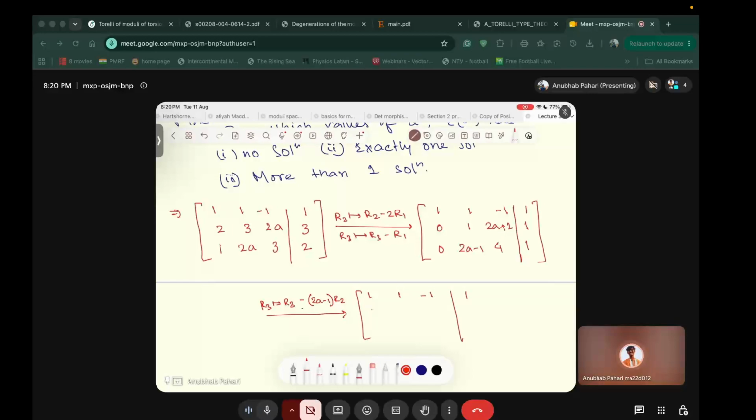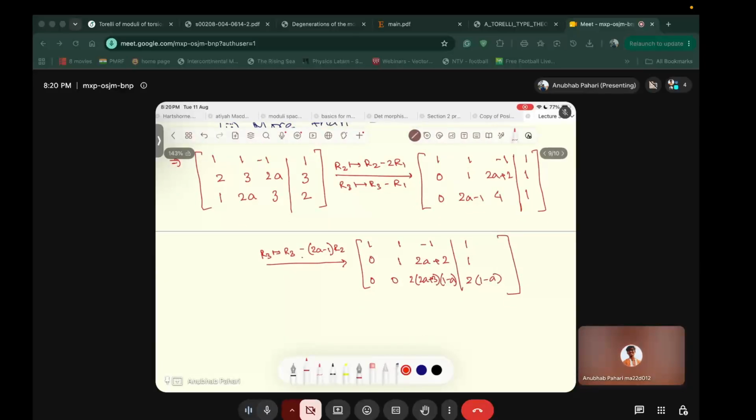The second row becomes, after a quick calculation, 0 1 2a plus 2 1, and the third row becomes 0 0 2 into 2a plus 3 into 1 minus a. It will be 2 into 1 minus a, right?